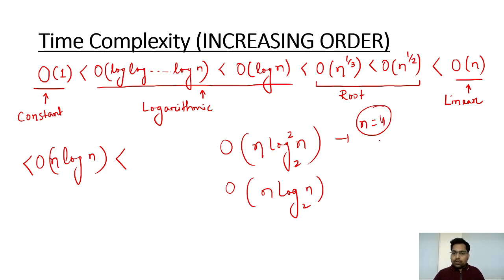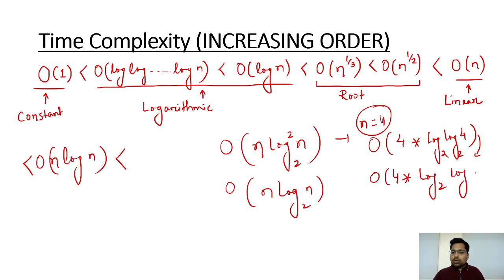Big O of n is 4, and here log of 4 is 2 to the power 2, so I'm writing big O of 4 cross log 2 base 2.